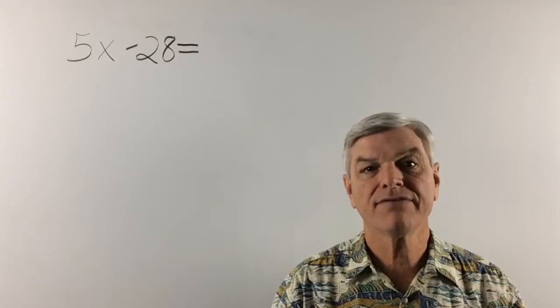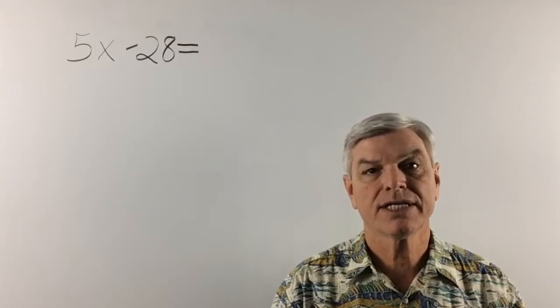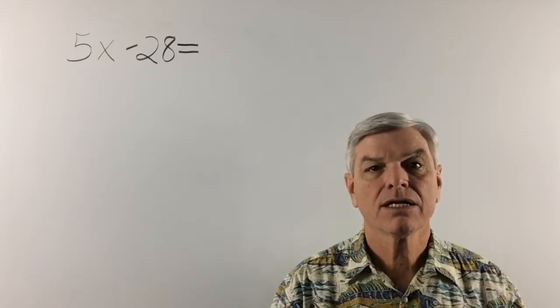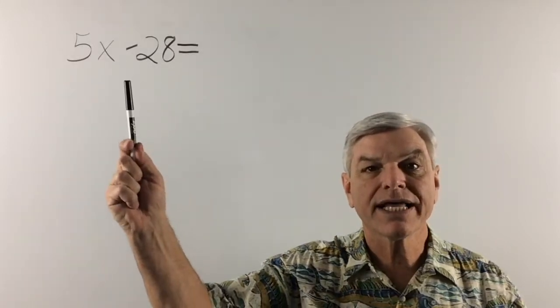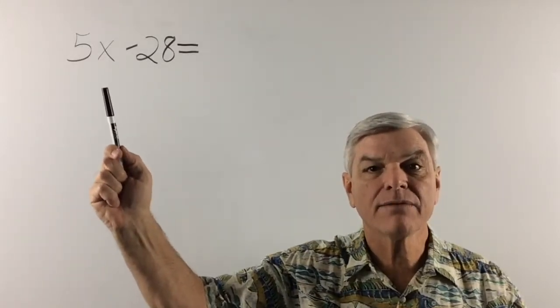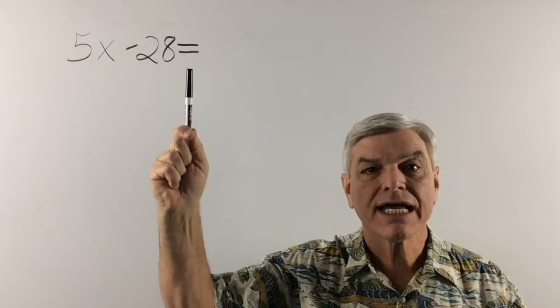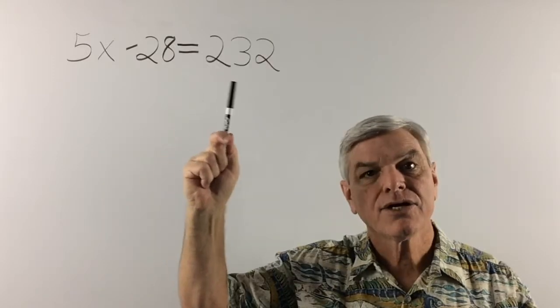Then they gave us 5 times a certain number. So that would be 5 times x. X represents a certain number. So they told us that if 28 less than 5 times a certain number is 232.